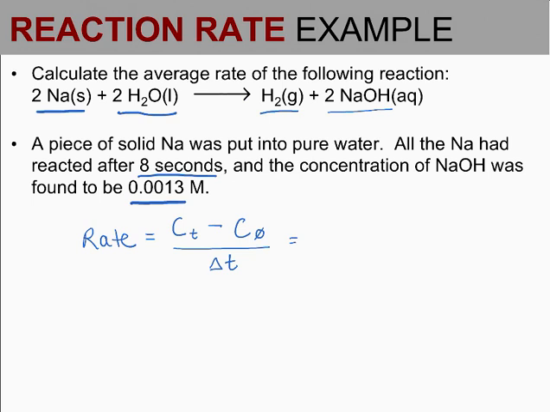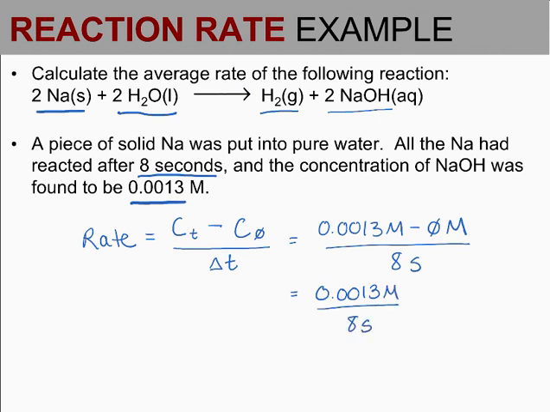But then after 8 seconds, we had 0.0013 moles per liter. And we're just subtracting 0 moles per liter for our initial concentration. And then we're going to divide that by the time it took to see that change in concentration, which is 8 seconds. All right, so really this just becomes 0.0013 moles per liter over 8 seconds.